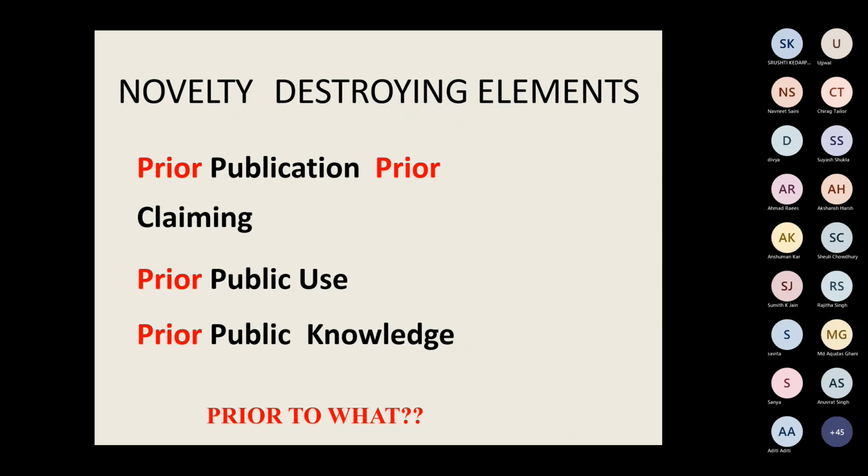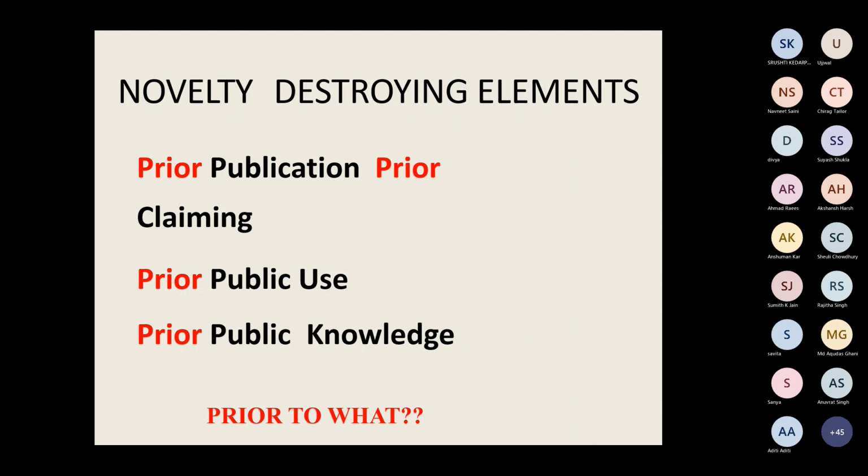Maybe when you are claiming a car, let's say a Tesla car, in a car, everything cannot be new, right? A car needs to have some basic functions, some basic features, which every car in the world has. It has a steering, it has a gearbox.